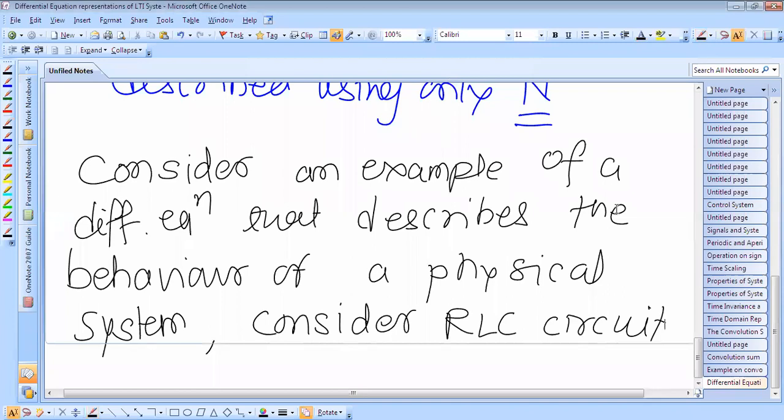Consider one RLC circuit. Suppose the input to the circuit is the voltage.